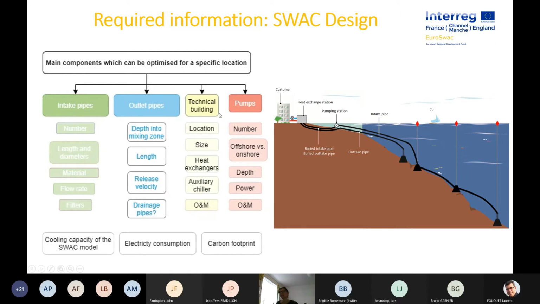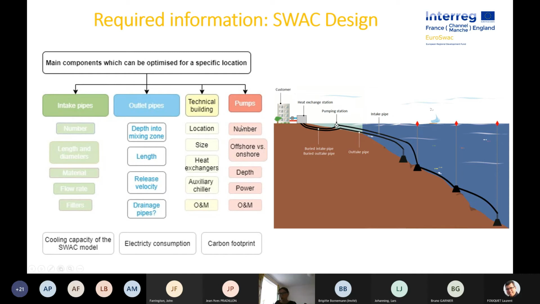Technical building is about location, size, heat exchangers, auxiliary chillers, and operation and maintenance. And with pumps, it's all about number, the location, if it's offshore or onshore. Then if it is offshore, the depth of the pumps, power use, and operation and maintenance.